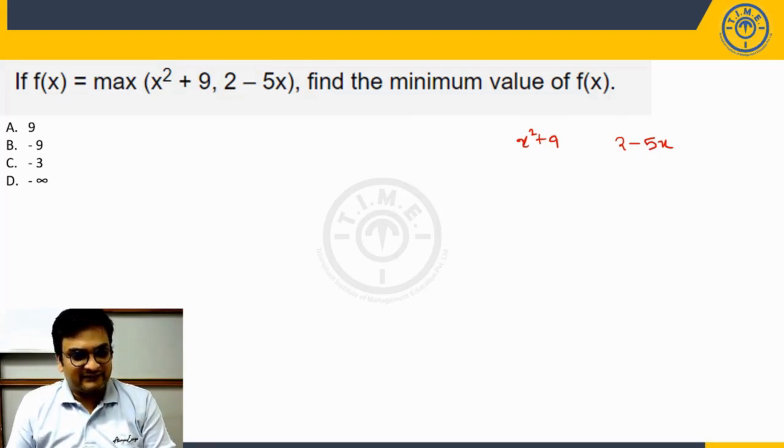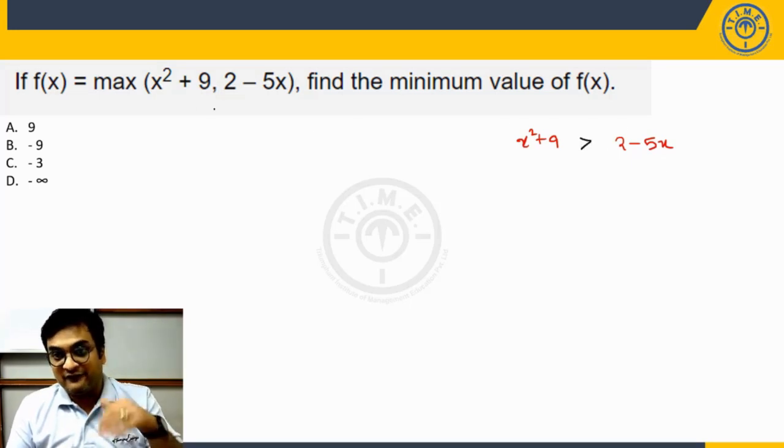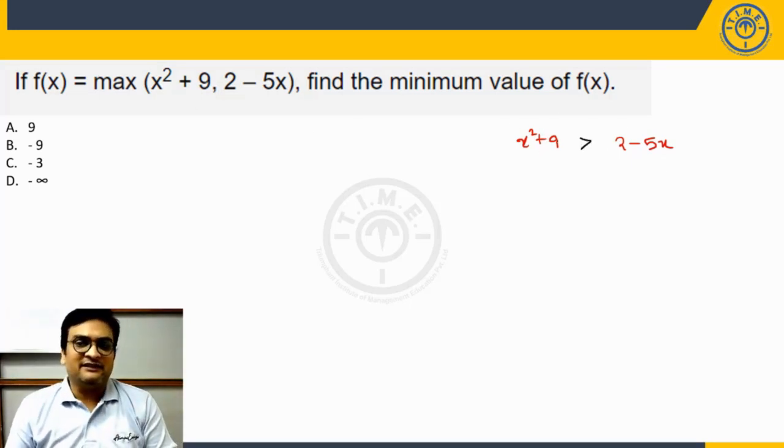If I want this to be greater so that f of x can take this value, when does this happen? If you bring all the variables on one side, x square plus 5x, 9 minus 2, it will be plus 7, greater than 0.